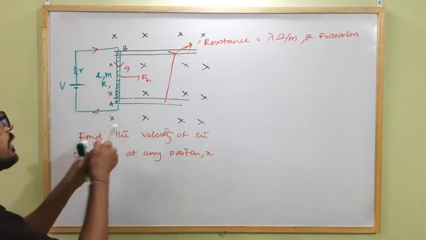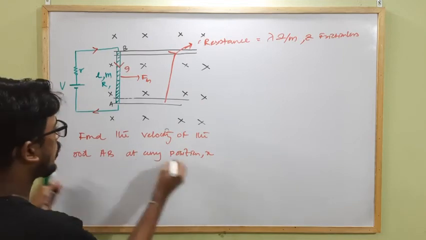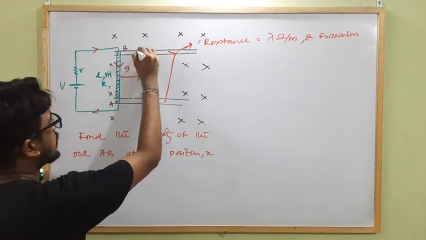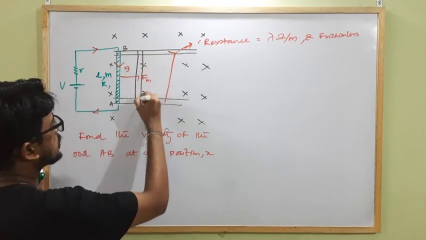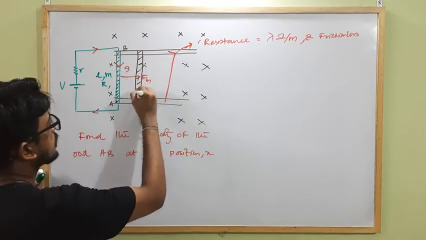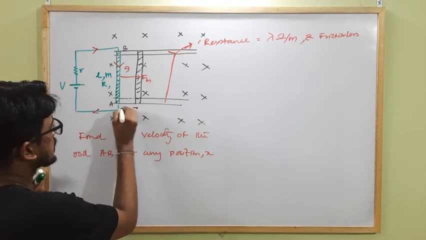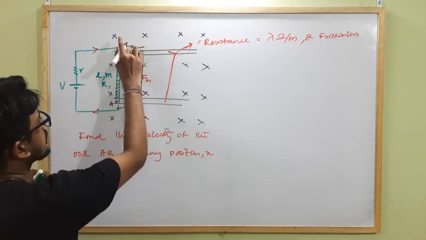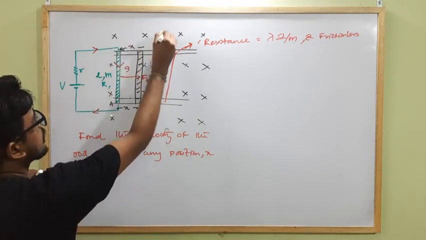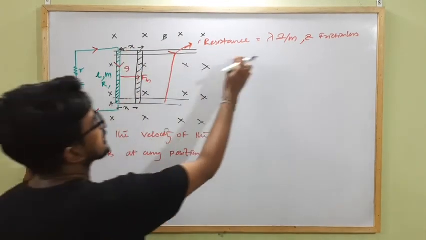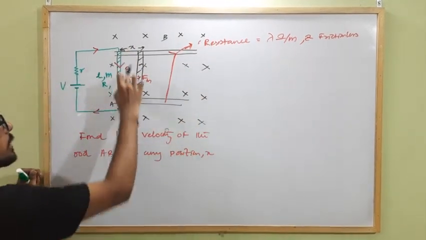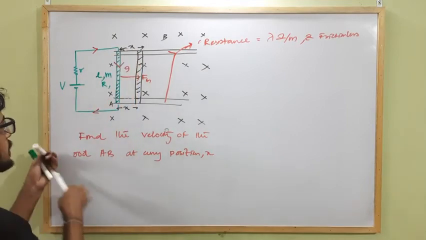If at any instant of time the rod is at a distance X over here. Here is the rod and this distance is X. Okay, as the rails have the resistance lambda ohm per meter, so for X distance, what will be the resistance of the rail?